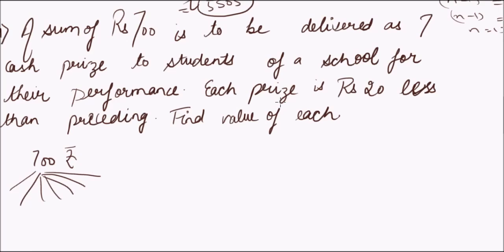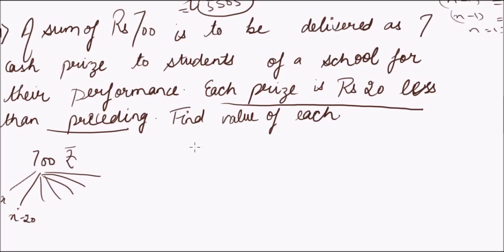Each prize is rupees 20 less than the preceding. Say if this prize is x, then this will be x minus 20, which is conveyed by this line.